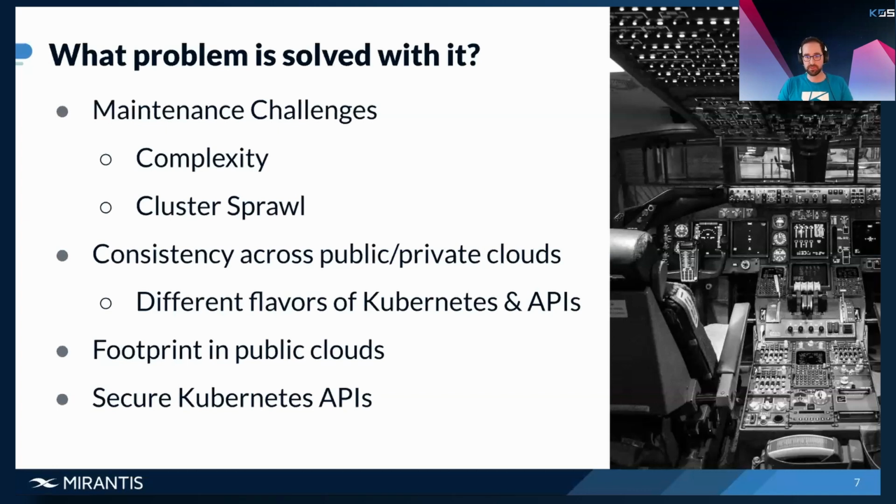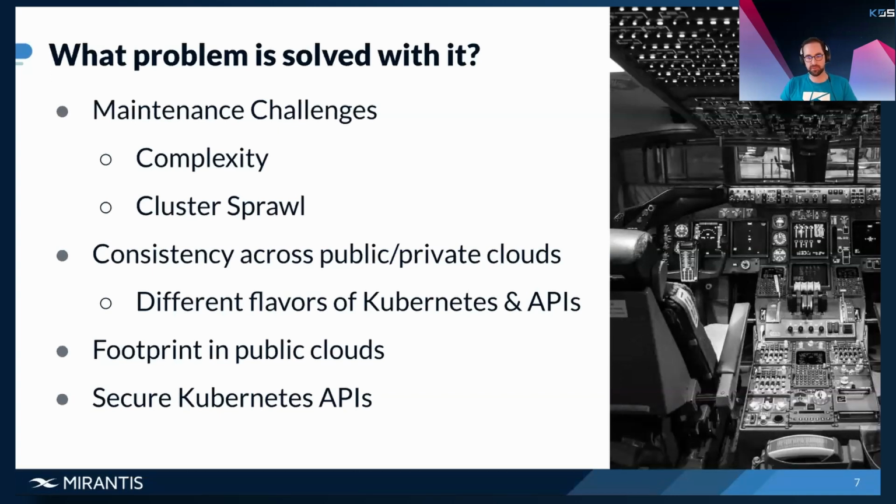The footprint, of course, is one big part too. If you want to use a Kubernetes cluster in a public cloud that is not a managed Kubernetes cluster, let's say a kubeadm cluster again, then you need to have a look into how to get high availability of your control plane. You need to have a look at how to integrate that into the public cloud.